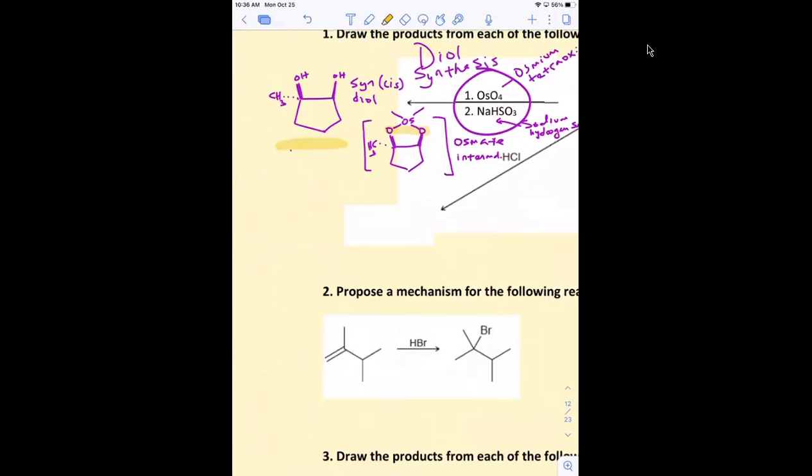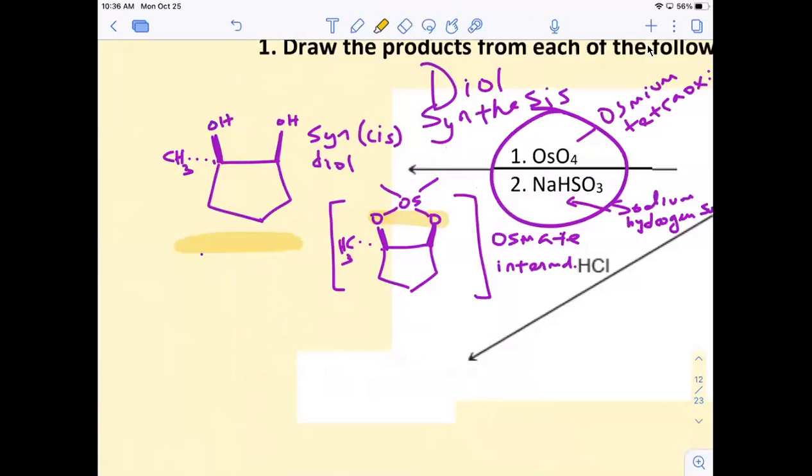But I can show you after class, because I don't want to get too deep in the weeds with that particular mechanism. So we just know the osmium is going to disappear from that. Yes, but I can show you after class.